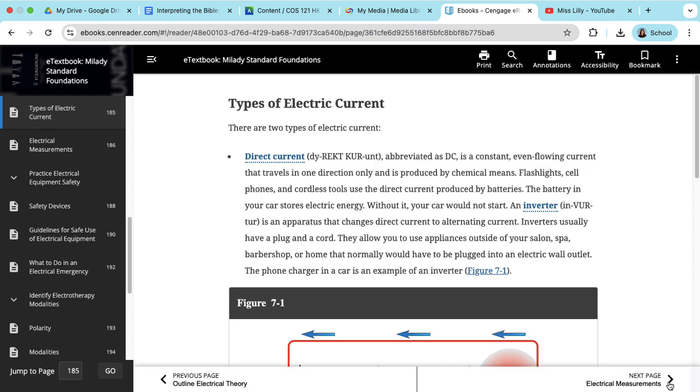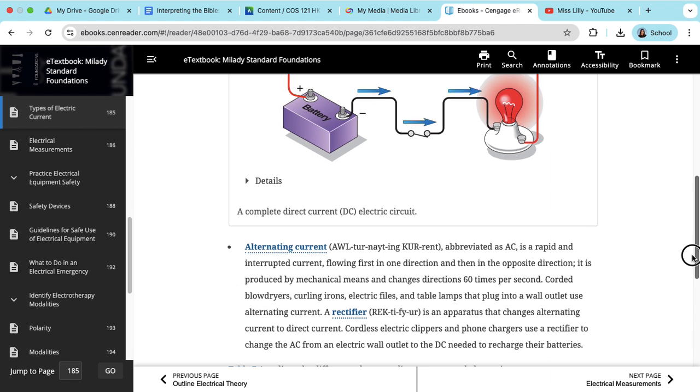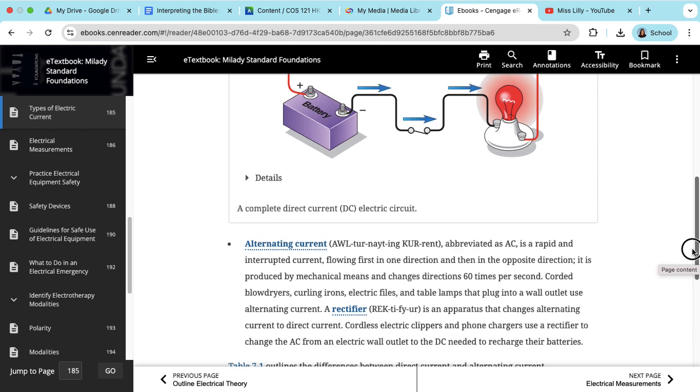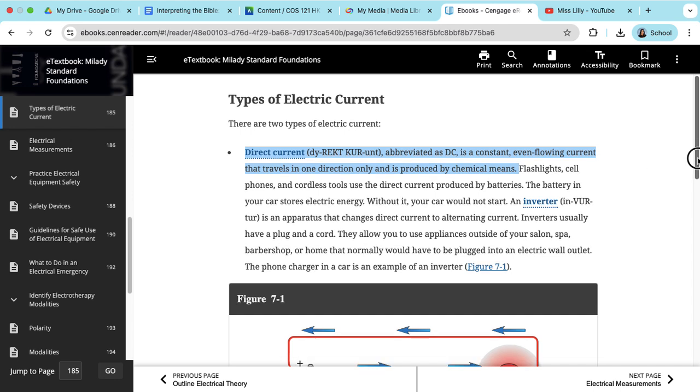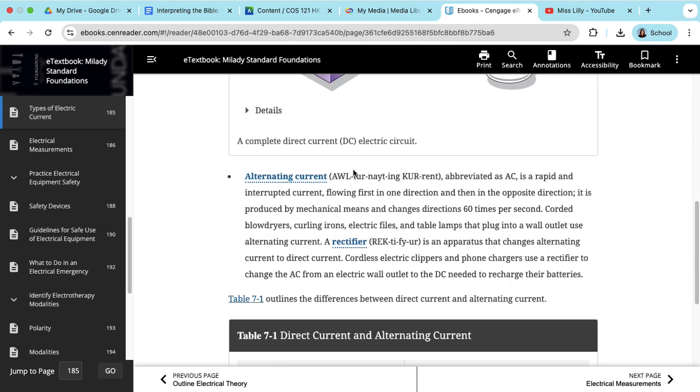Types of electricity. We have direct and alternating current. Direct current is a constant, even-flow current that travels in one direction, and is only produced by a chemical means. And the alternating current is a rapid and interrupted current, flowing first in one direction and then in the opposite direction.